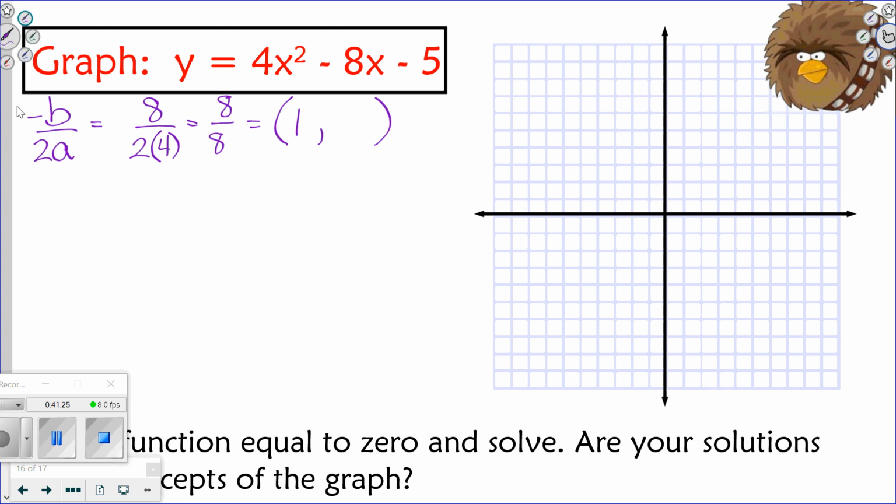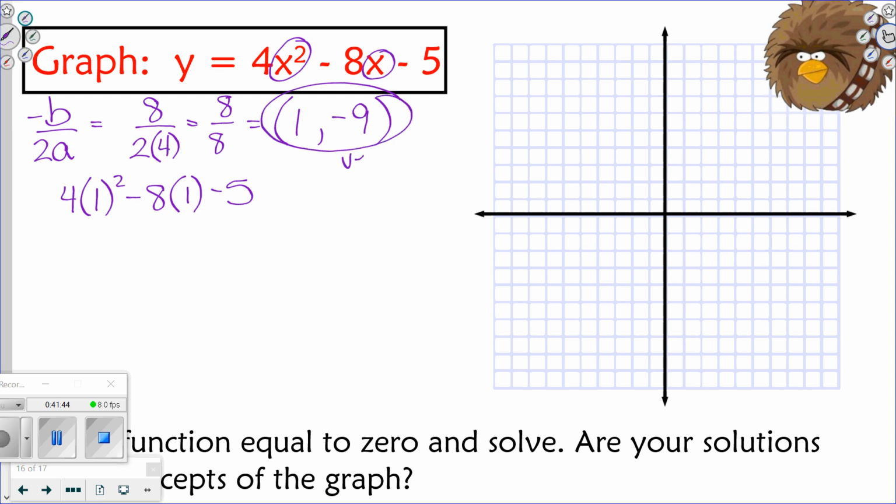So to find the y, we're going to go back in the equation. Wherever you see an x, we're going to plug in a 1. It's 4 times 1 squared minus 8 times 1 minus 5. Is that negative 9? All right, so that again is my vertex. So 1, negative 9.